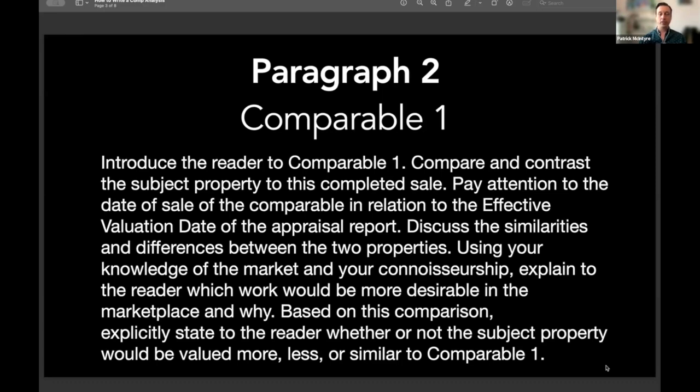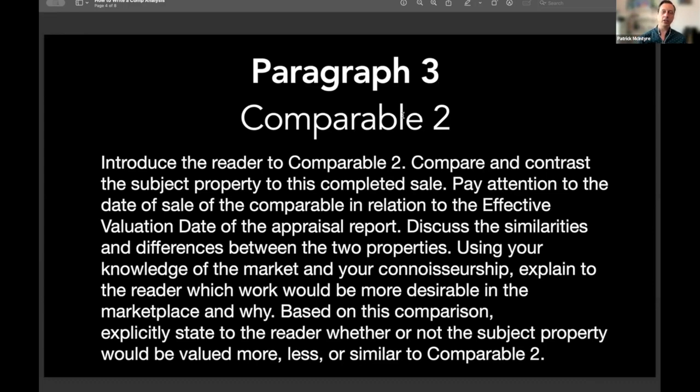As you can imagine, as you begin to accumulate these, you're taking this structure and repeating it, right? So I'm going to move on to paragraph 3, which is really the same treatment, but you're moving on to the next comparable. You examined comparable 1 in paragraph 2 in relation to the subject property, and you made a conclusion.